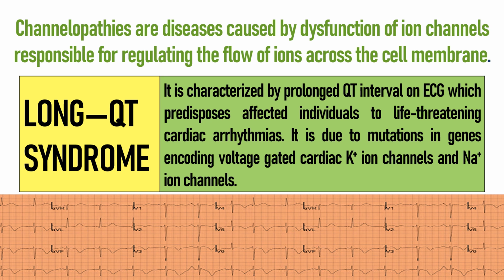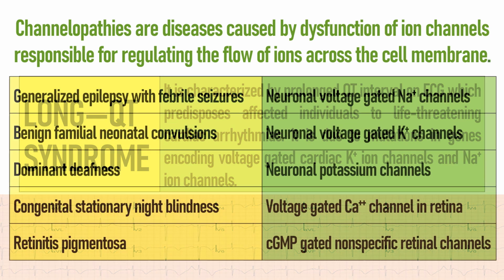Life-threatening cardiac arrhythmias may be caused due to mutations in genes encoding cardiac potassium ion channels and sodium ion channels. Long QT syndrome, characterized by prolonged QT interval on ECG, is one such disease.